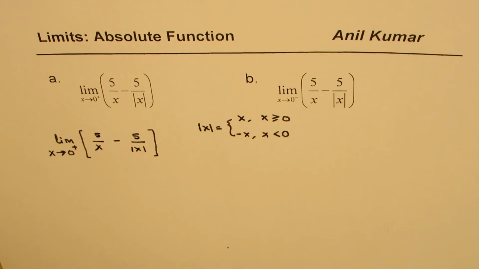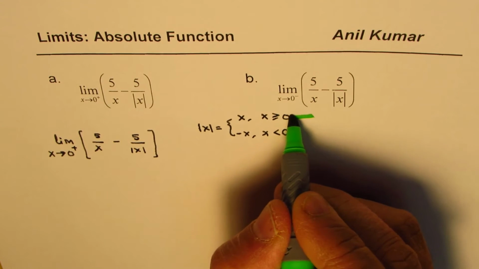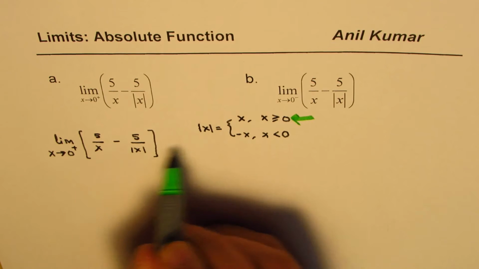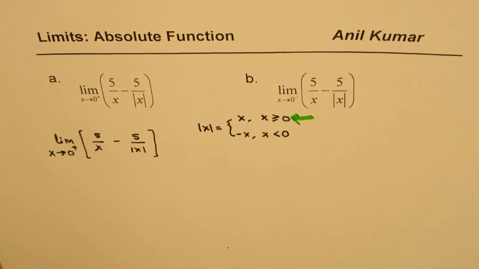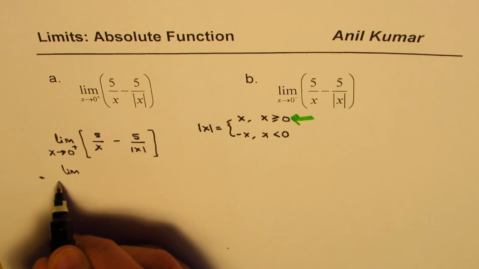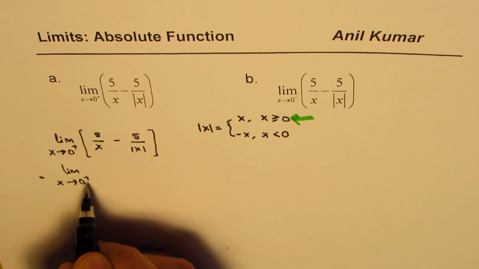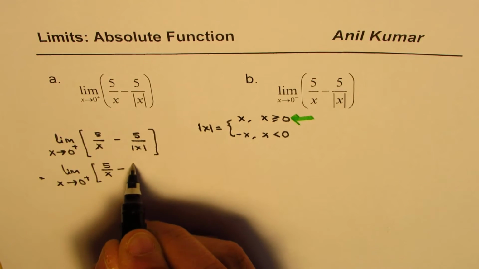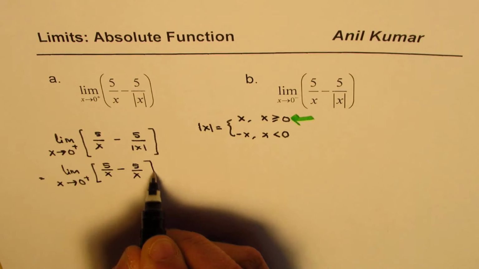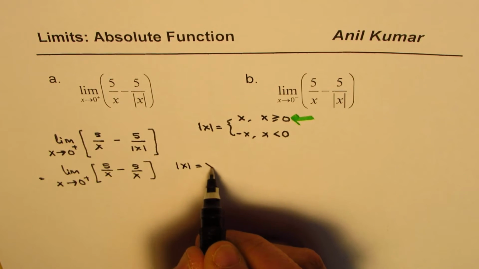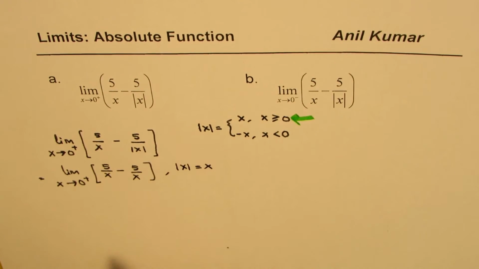Now when you're approaching from the right side, x is greater than or equal to 0, so absolute x could be replaced by x. And therefore, I will write this as limit x approaches 0 from the right side of 5 over x minus 5 over x, since absolute x will be equal to x.